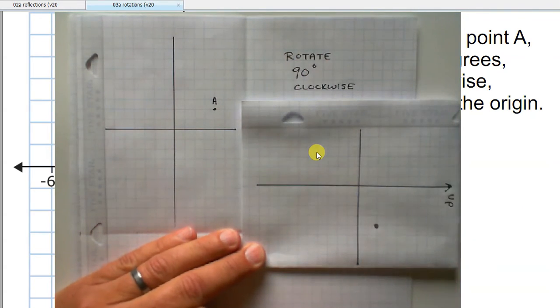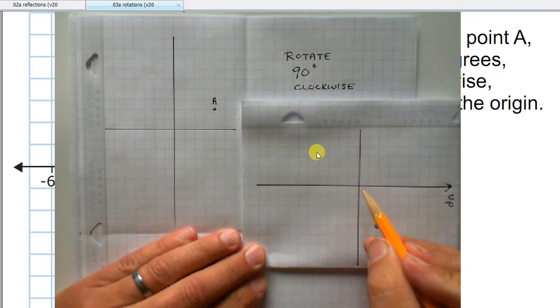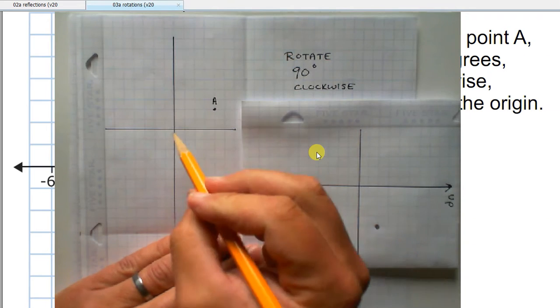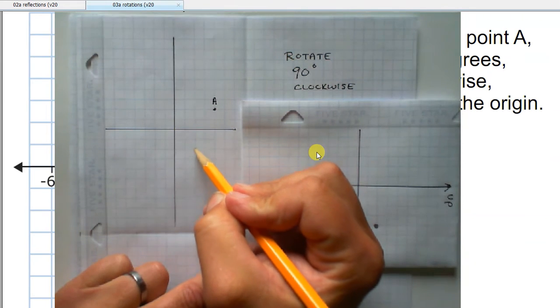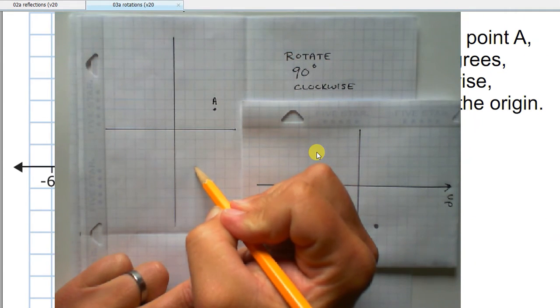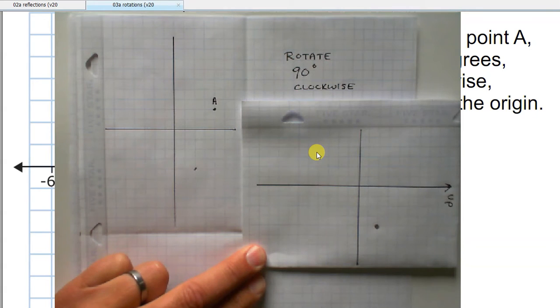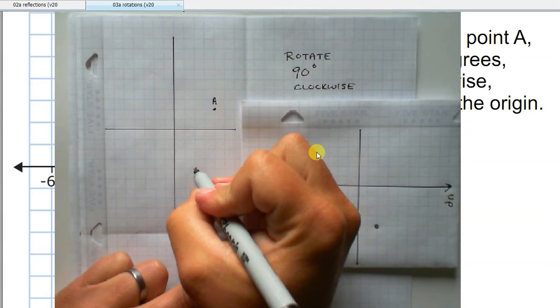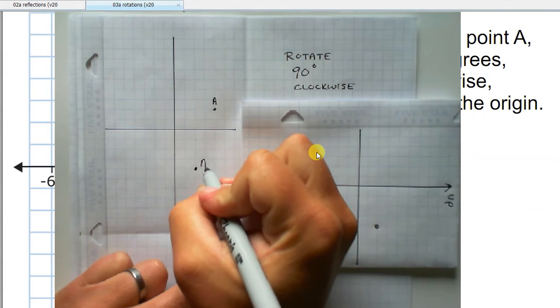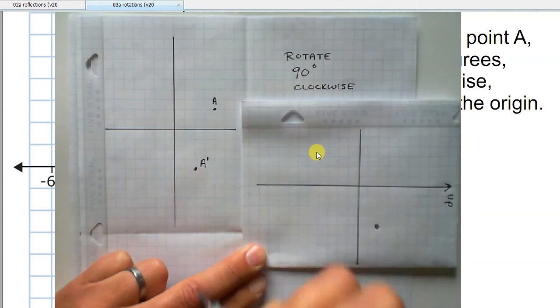And now my point is right here. Where is it at? It's over 2 and down 1, 2, 3, 4. Over 2, 1, 2, 3, 4. It's right there. This one I can use marker on. And there is my A prime.